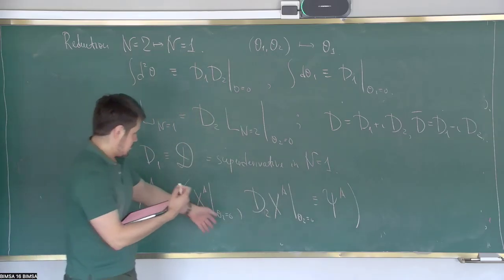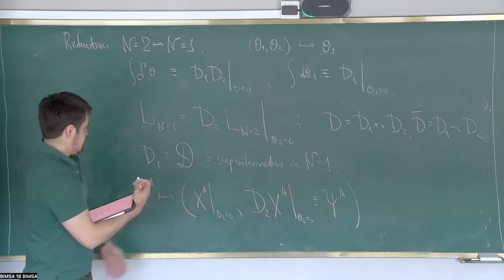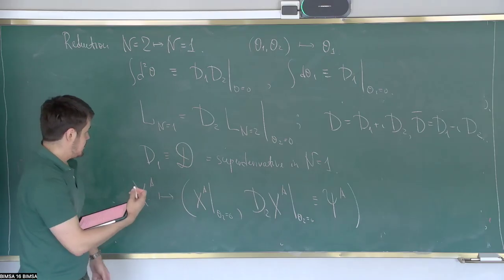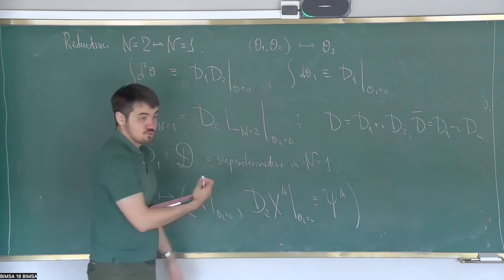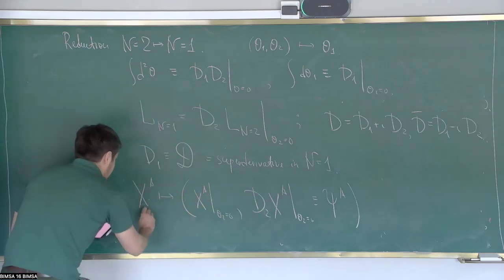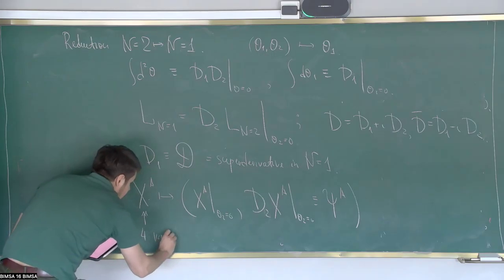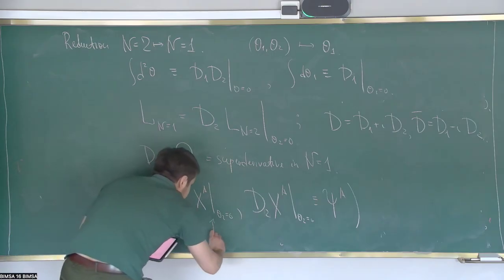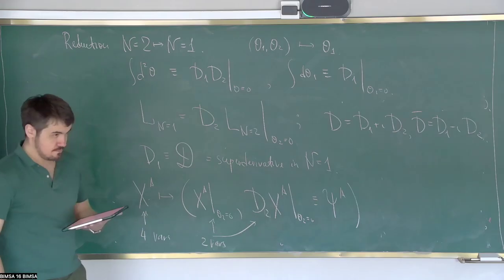So you see, it's like coefficients of a Taylor expansion in the corresponding variable, and they are independent. Of course we have four variables in the real n equals 2 superfield, and here in each we have two variables, two fields.